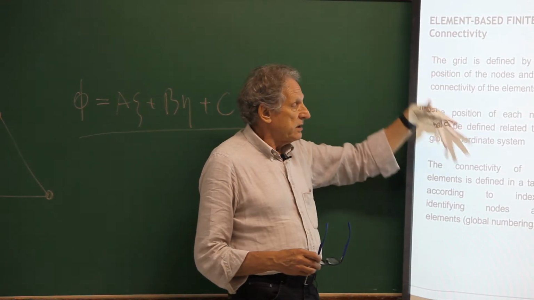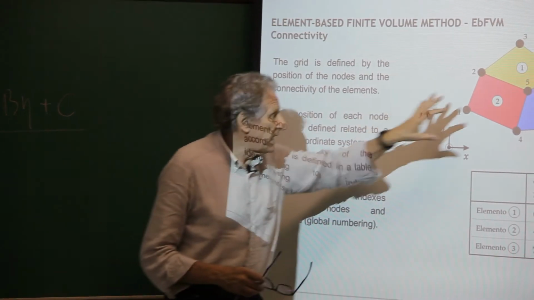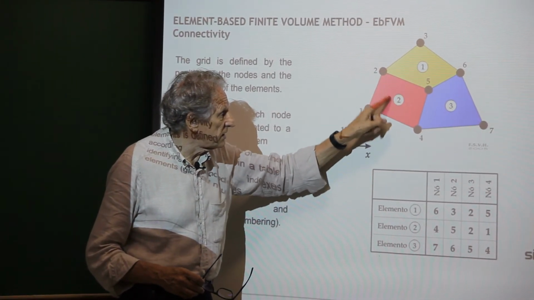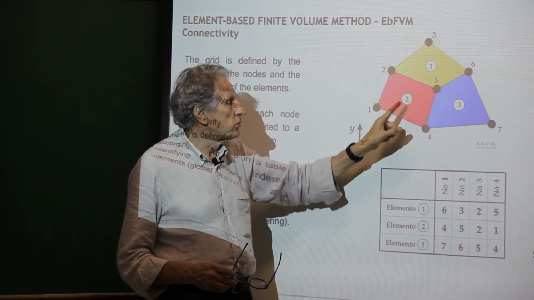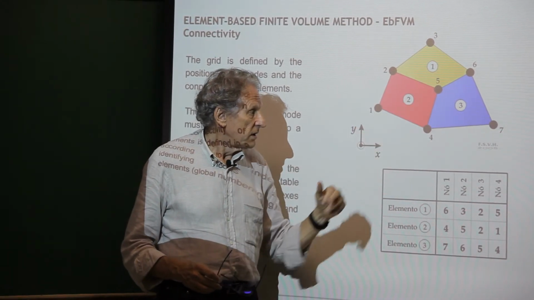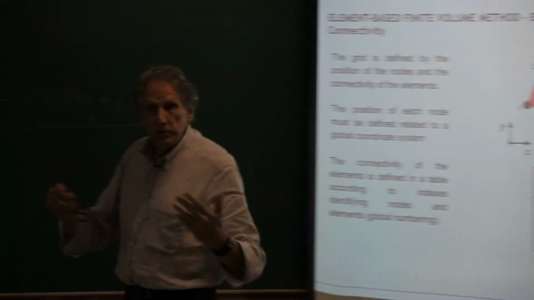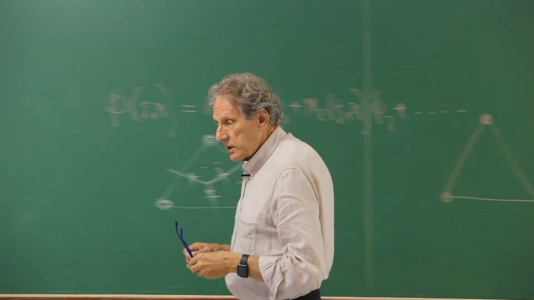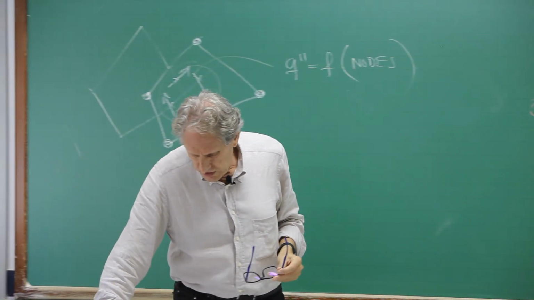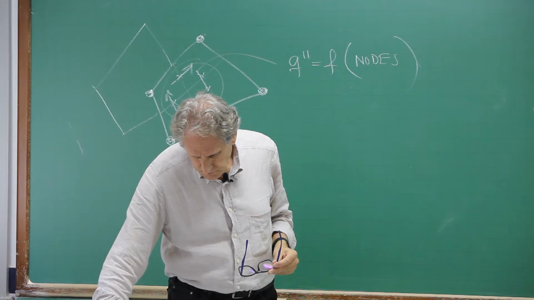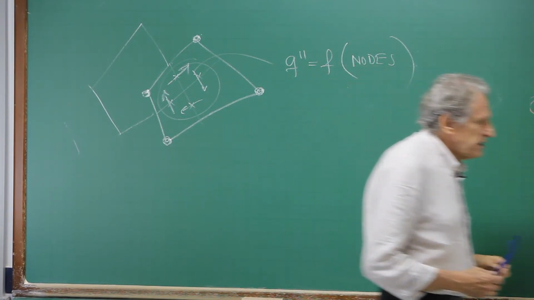The connectivity is related like that. And then you go in this element, you calculate the flux here, and then when you want to do the control volume, let's say 5, you need the contribution of all neighboring elements. So you save, like is explained here.